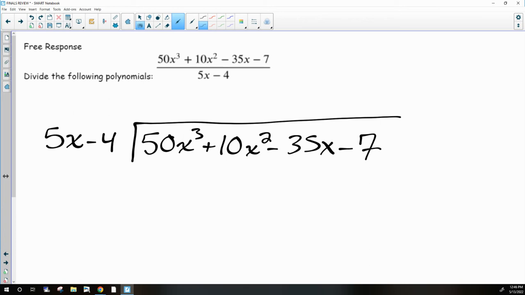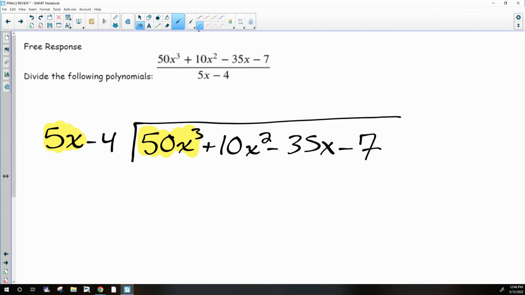Okay, it's been a hot minute since we've done this. First thing I want to do is talk about what our goal is. Obviously, we want to divide, but we always look at the first term of each polynomial, and you ask yourself, what will I multiply 5x by to turn it into 50x to the third? 10x squared. 5 times 10 gives me the 50, and I'm missing 2 x's.